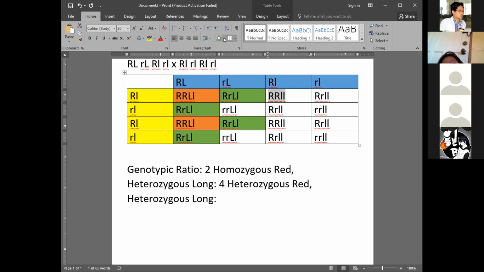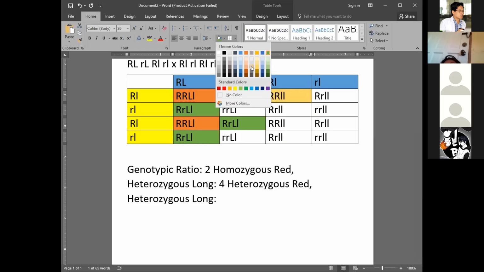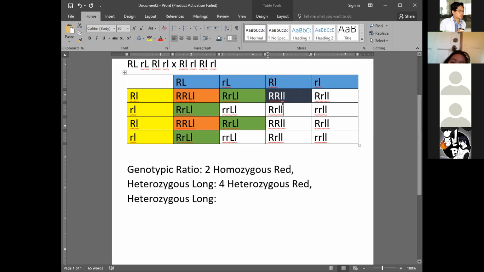How about this allele or this gene? Let's color it blue-gray. 1, 2. Only 2.